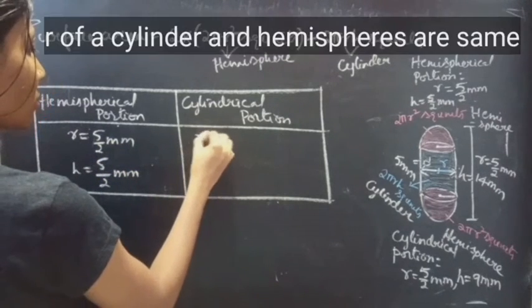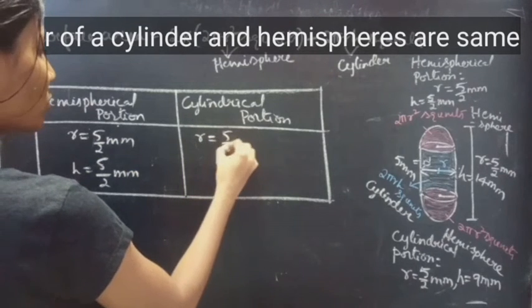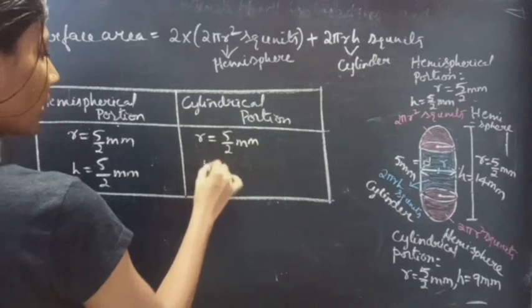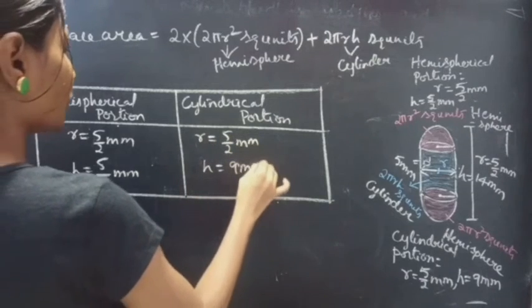Now coming to the cylindrical portion, we have radius equals 5 by 2 mm and height equals 9 mm.